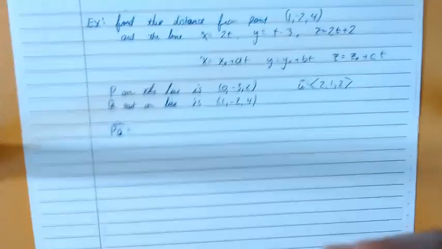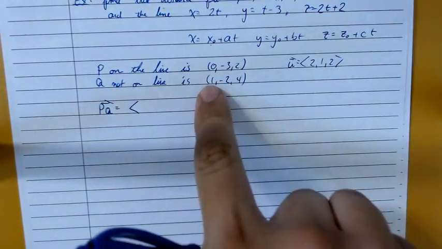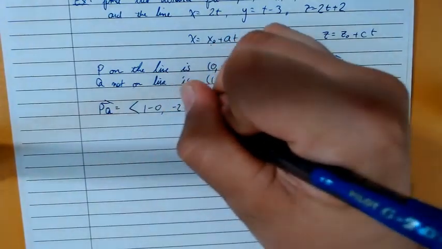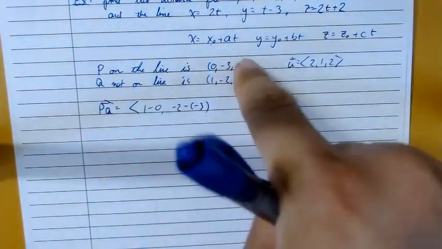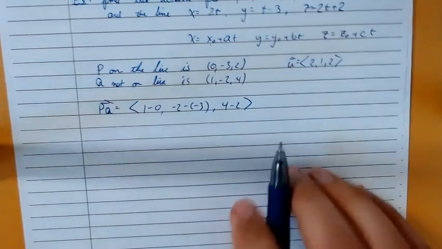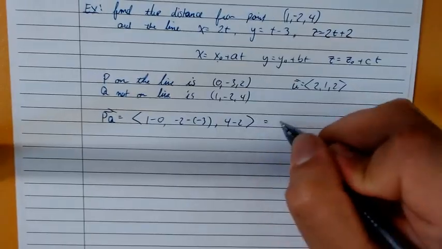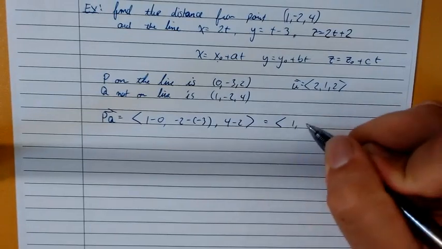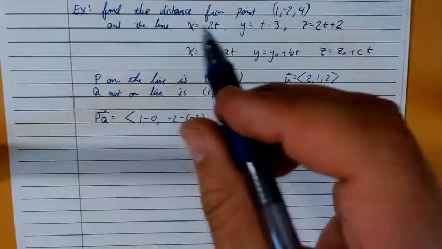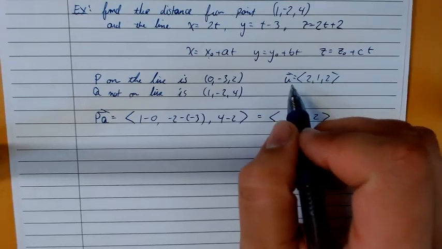The vector PQ is given by 1 minus 0, negative 2 minus a negative 3, and 4 minus 2. That is 1, 1, 2. All right. Next, we want to take the cross product of PQ with U.